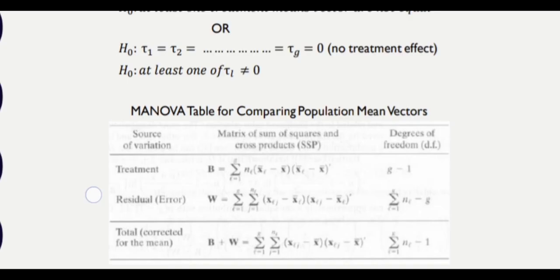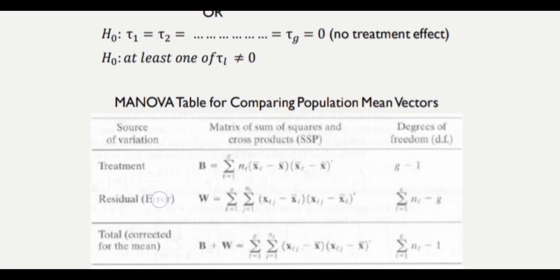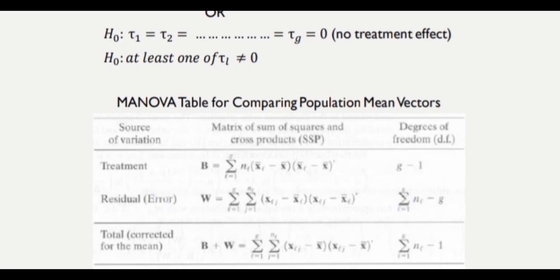Kat sini we noted as B and W. Okay, B adalah because we deal dengan matrix. So B and W ni will be the matrices.